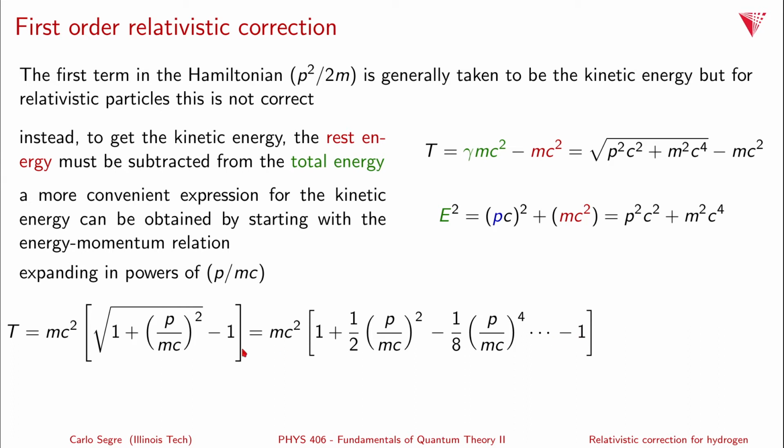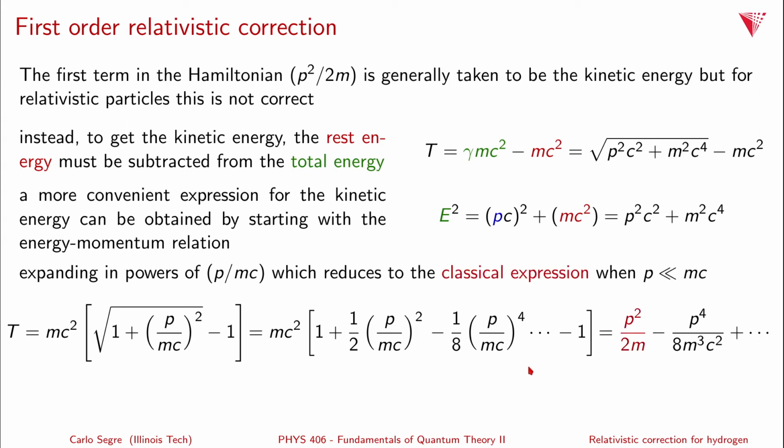Well, clearly this one cancels this one, and we're left with just the terms in here, which gives us, when we multiply this out, mc squared times this quantity here. So unfortunately, I've dropped the mc squared. You have mc squared times p squared over 2m minus p to the fourth over 8 m cubed c squared, and then additional terms that are higher order.